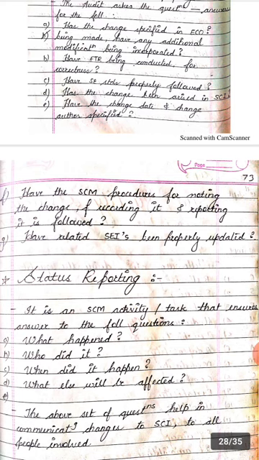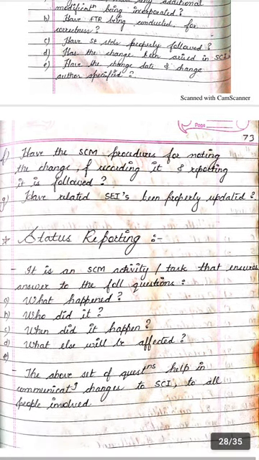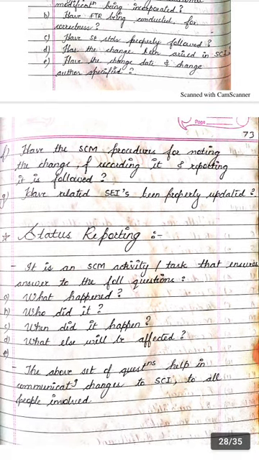Have the change date and change author been specified? Has the SCM procedure for noting the change, recording it, and reporting it been followed? Have the related software engineering instructions been properly followed? All this must be taken into consideration.